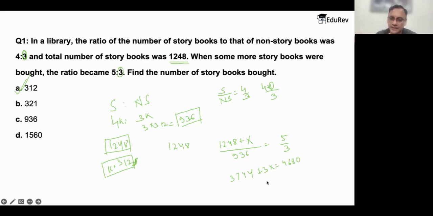Then 3x is equal to, I'll have to subtract, 36 and 46, this is 9. So x is equal to 936 by 9, which is 312. So obviously you'll end up with the same answer. So this is how this question would be solved.